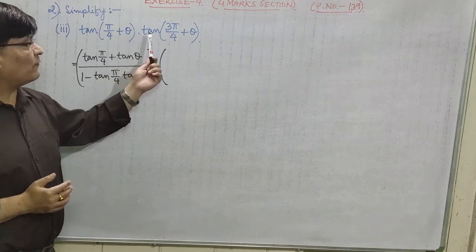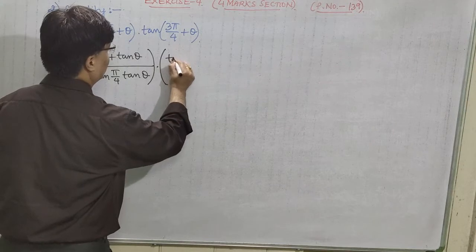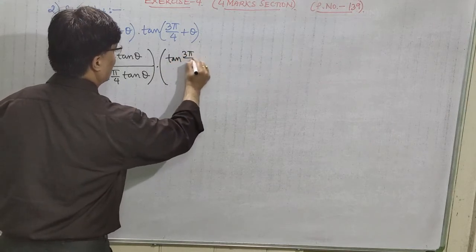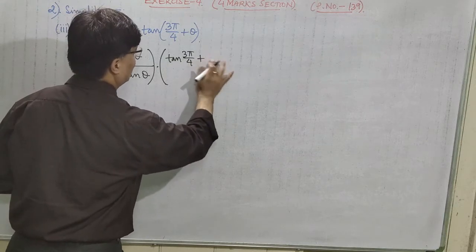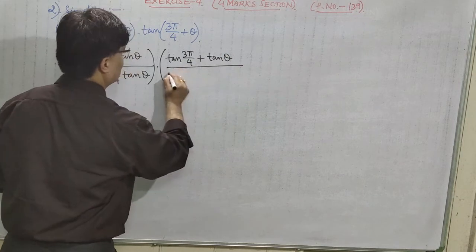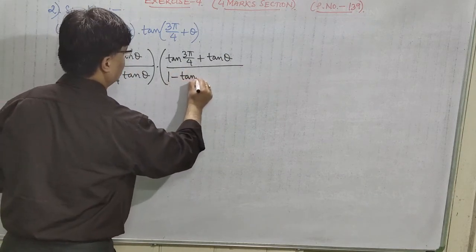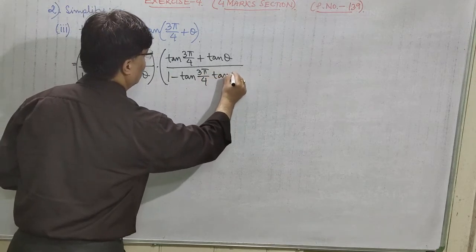Now again you can use the same formula, tan of a plus b. Tan a, what is tan a? It is tan 3 pi by 4 plus tan theta, tan a plus tan b, divided by 1 minus tan a tan b, 1 minus tan 3 pi by 4 into tan theta.